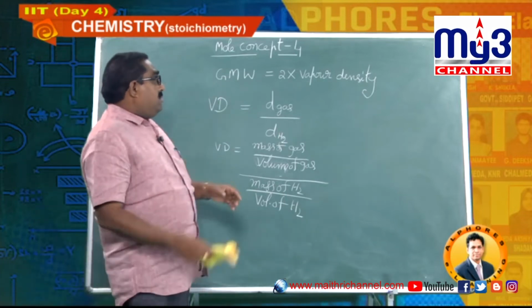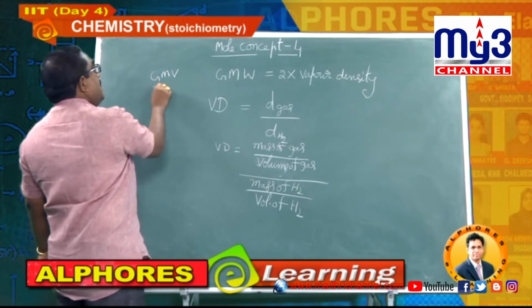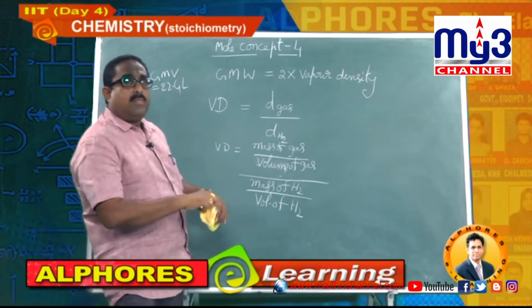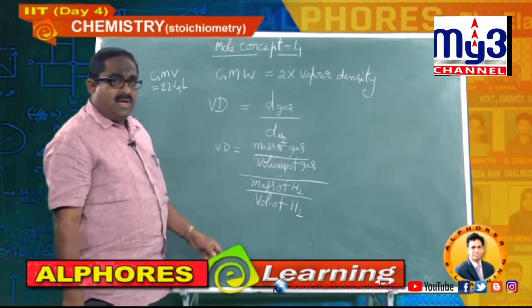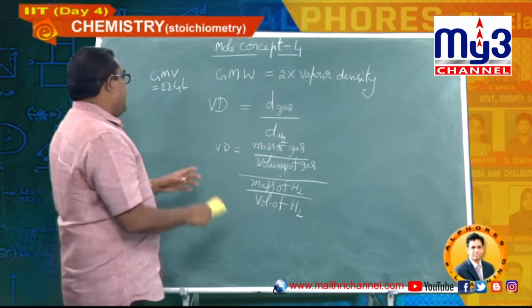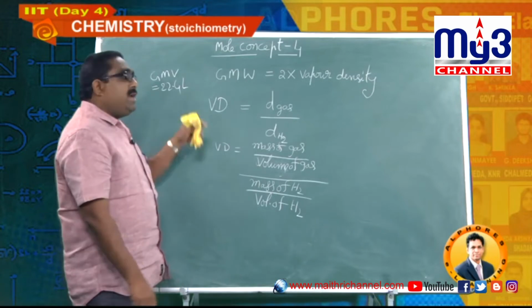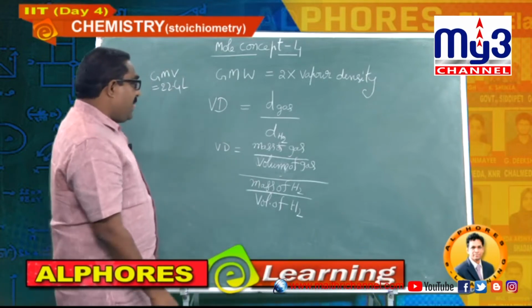We know gram molar volume is nothing but the volume occupied by 1 mole of any gas at STP conditions, and that value is constant, that is 22.4 liters. Yesterday we discussed this.